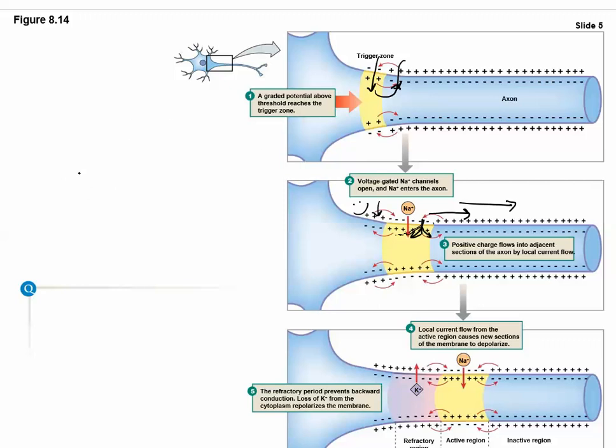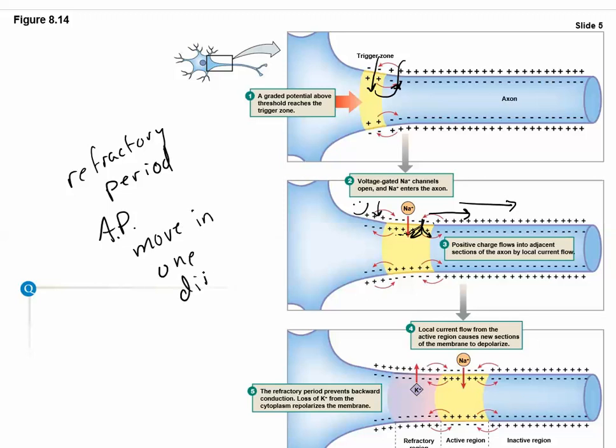So the take-home message is the refractory period makes the action potential move in one direction. That's how it does it. While this is in its refractory period over here, the signal will fade, and the ones that are ready to go never get another signal.